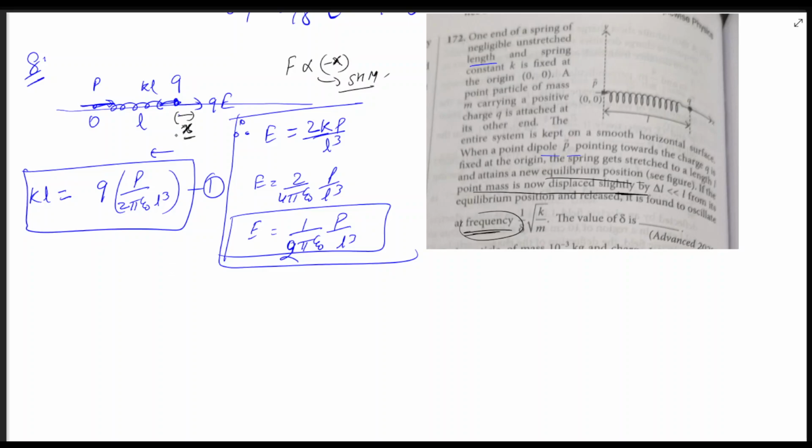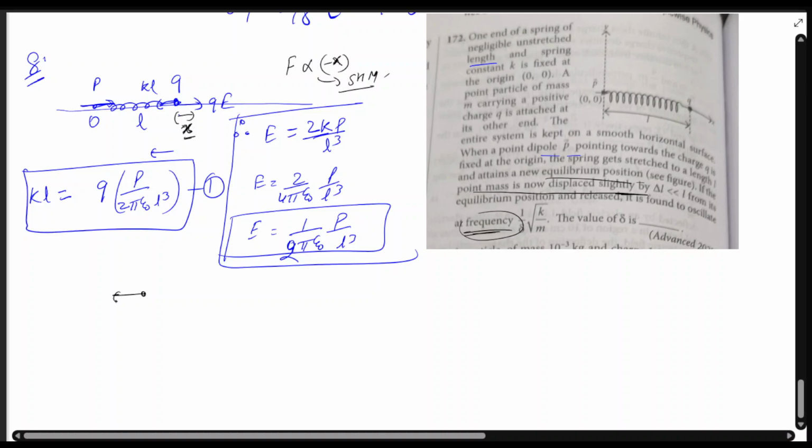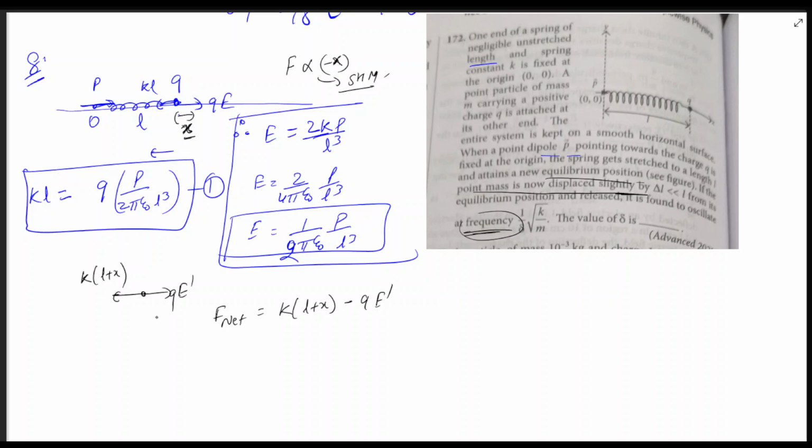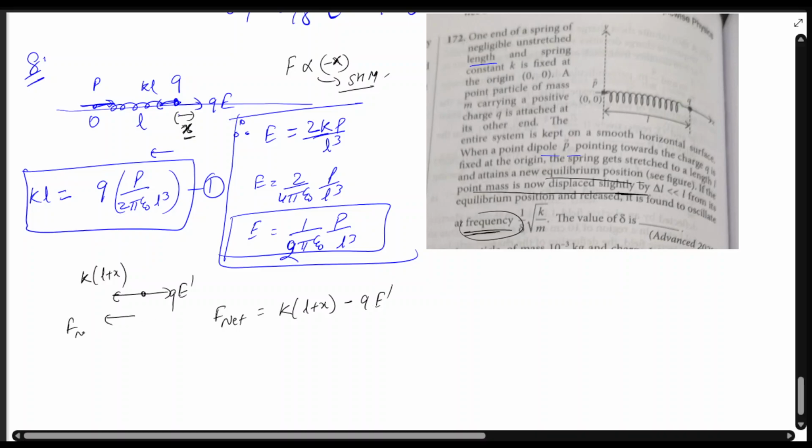Okay, perfect. So if I'm displacing it by length X, the net force will be K into L plus X, and here this E dash will change. So Q into E dash, right? So net force will be K L plus X minus Q E dash. F net must be in this direction, right?